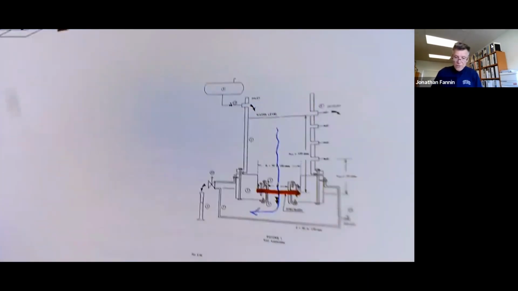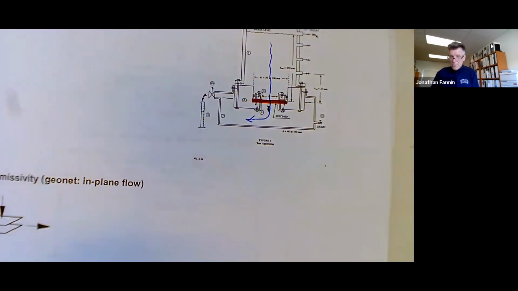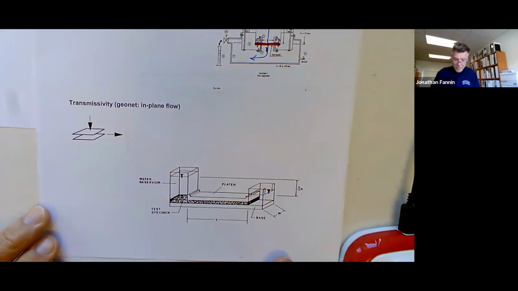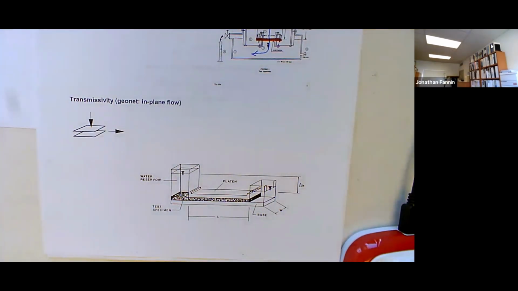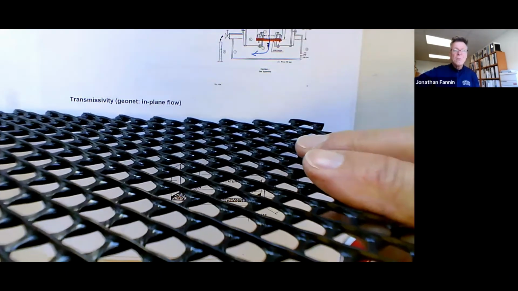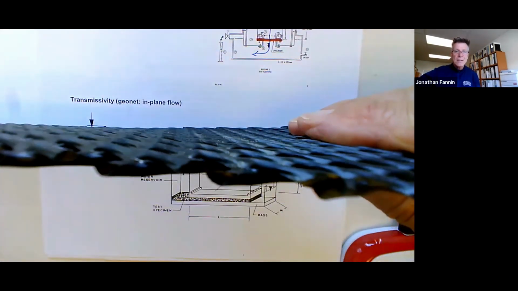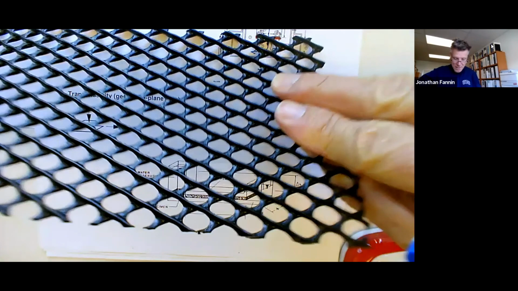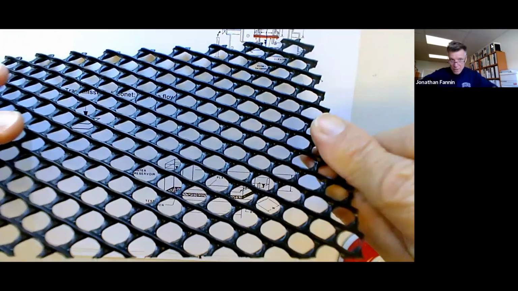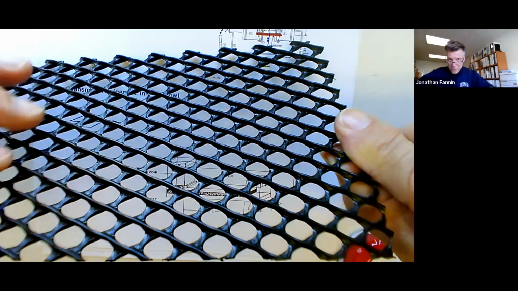And we'll also acknowledge, and this is what I want to build the framework of laminar and semi-turbulent flow, we could look at the flow within the plane of a geonet. There's the geonet, there it is. And we're looking at flow that's going along the plane of the geonet.